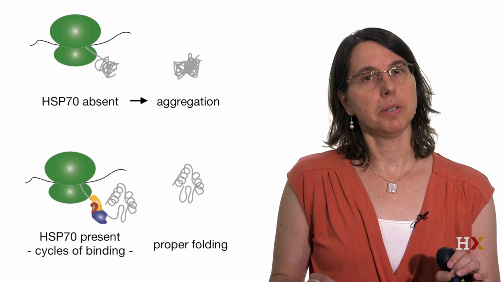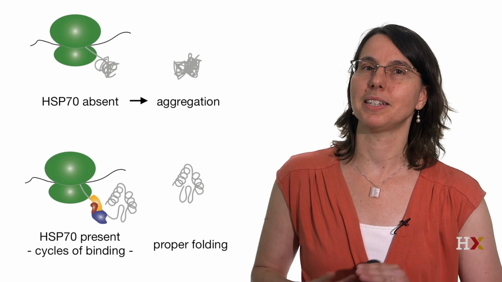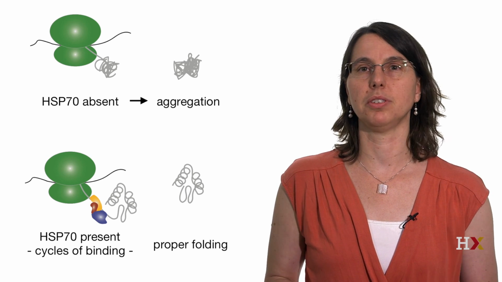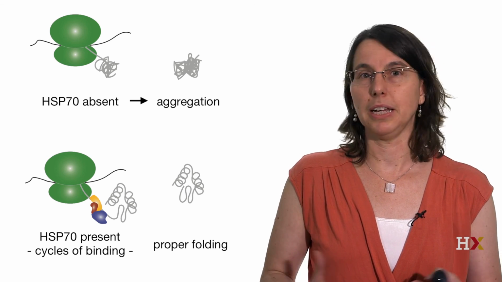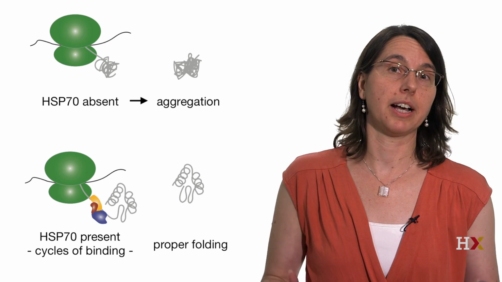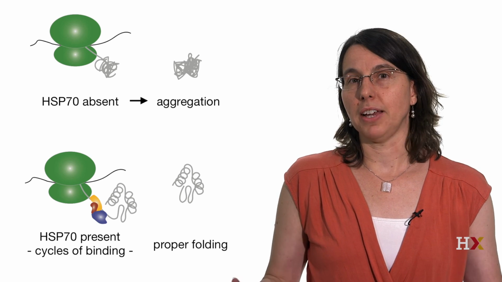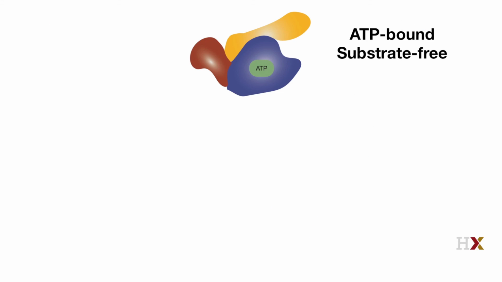Because HSP70 also needs to release the substrate to allow it to try to fold. If it was stably bound, it would effectively be just another kind of aggregate instead of the aggregates that it should prevent. So how does HSP70 interact only transiently with its substrates? It uses cycles of ATP hydrolysis and exchange of ADP for ATP.